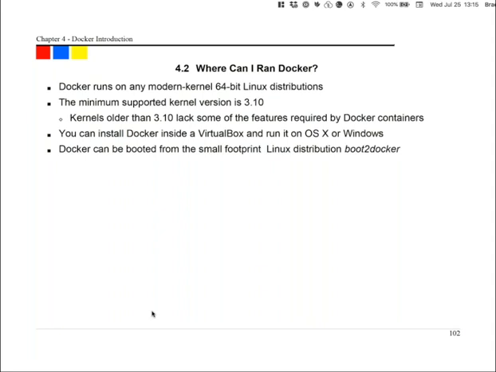Now, there are some limitations, which I'm not really going to get into in depth, but because a container shares its host operating system, a container has to be built for the operating system that's going to host it. So it's not a mechanism for portability across operating systems.